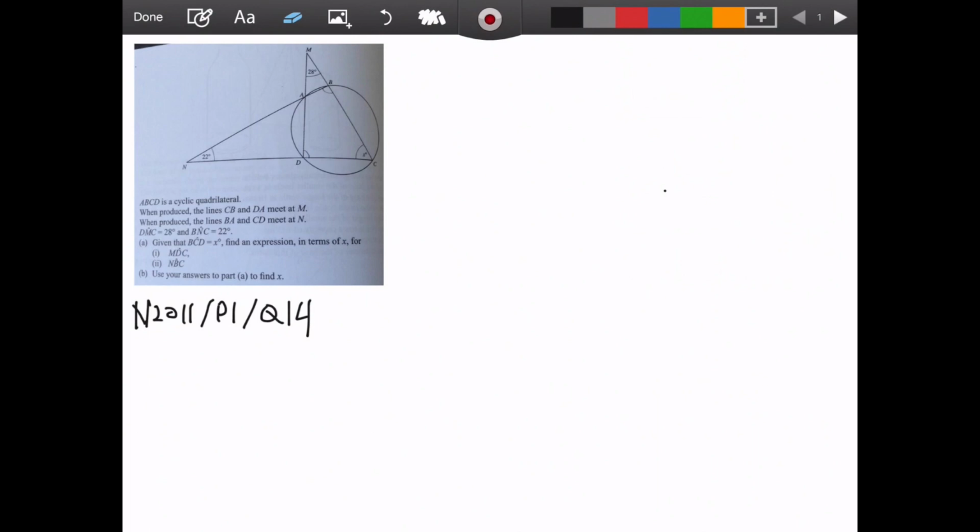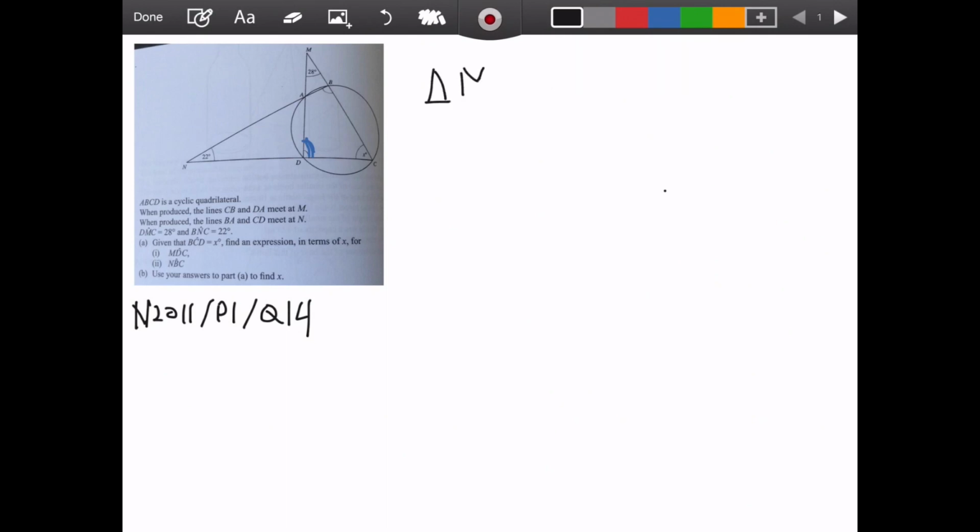Okay, so the angle MDC is this one, right? This is the angle MDC. In order to find the angle MDC is quite easy, right? You can just see, MDC is actually a triangle.